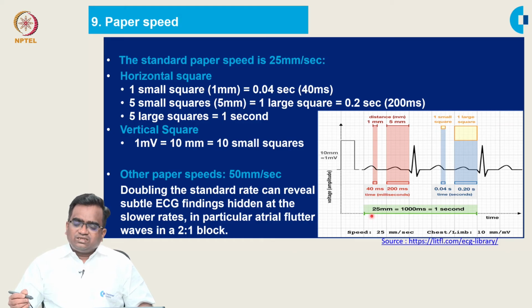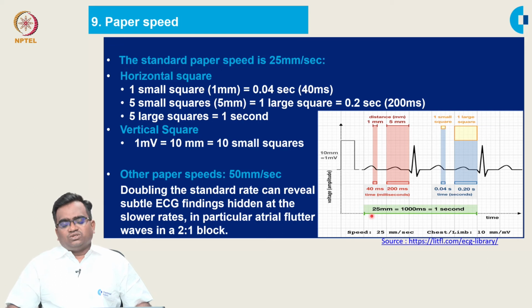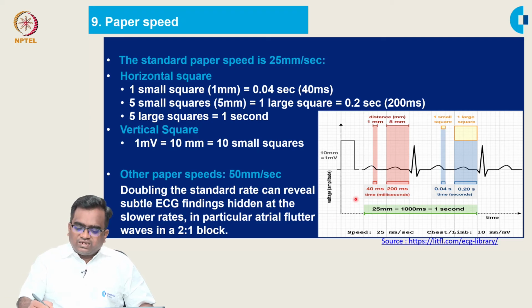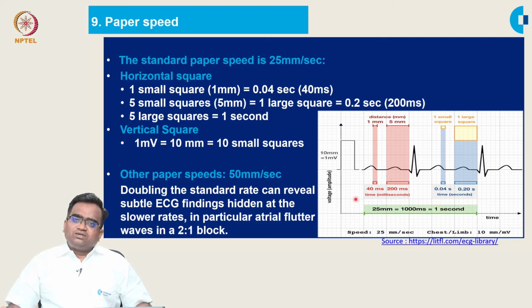The duration is 0.04 second. So one small square is 0.04 second, then 5 small squares is 5 into 0.04, which is 0.2 second, that is, one large square is 0.2 second. 5 large squares make 1 second, that is 5 into 0.2 second equals 1 second.